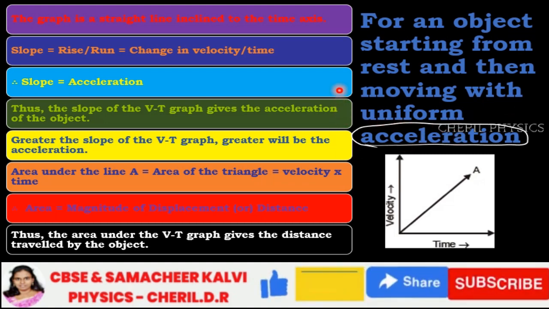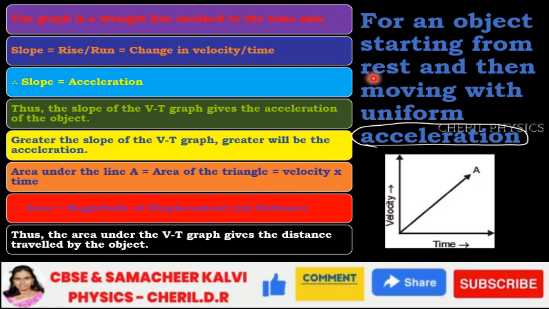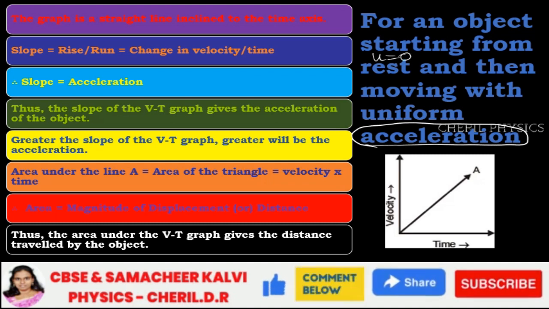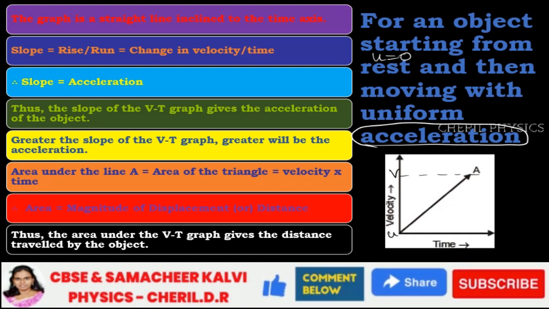In the first case, the object is starting from rest. Rest means that u is 0: the initial velocity is 0, and then it reaches a final velocity v. This is our slope.